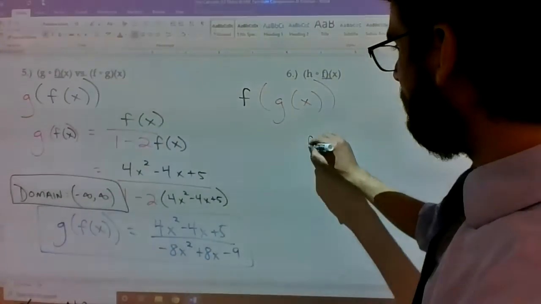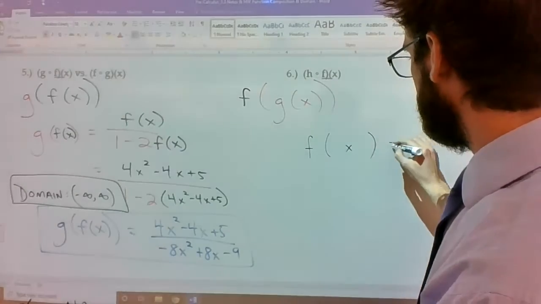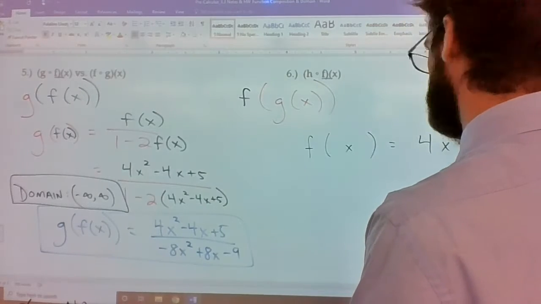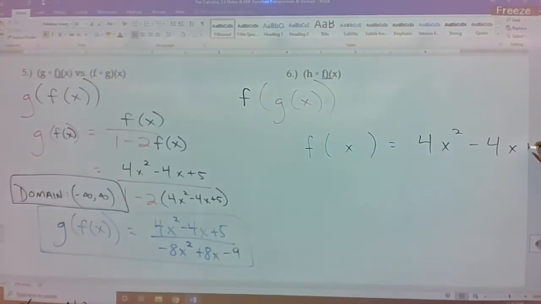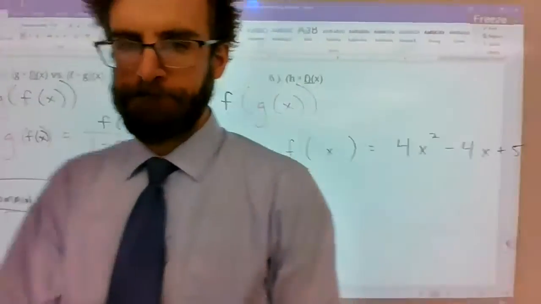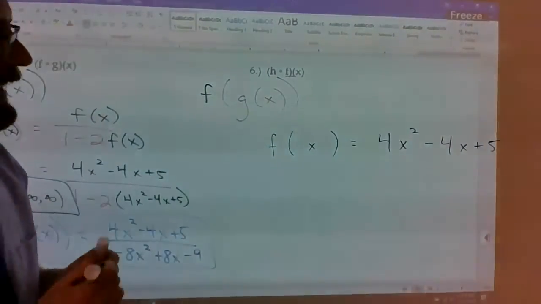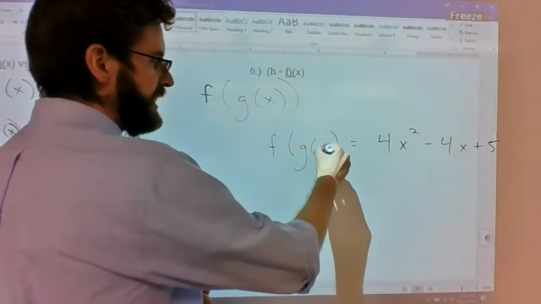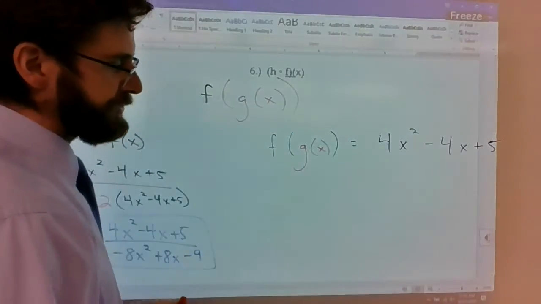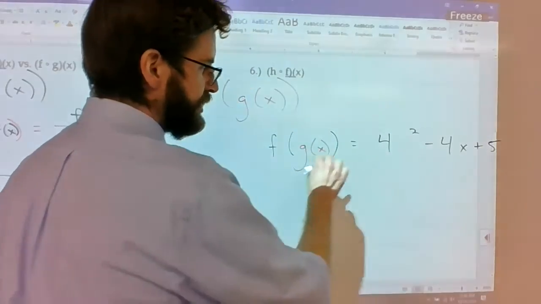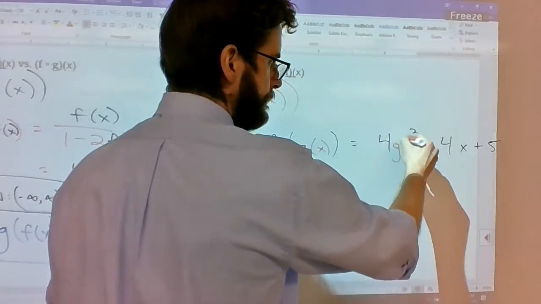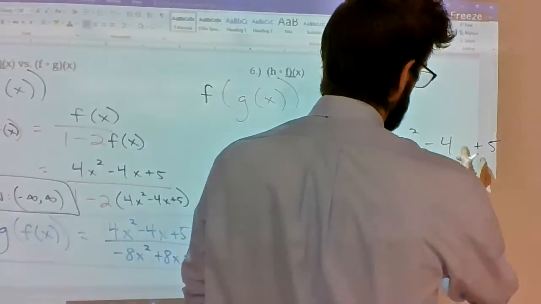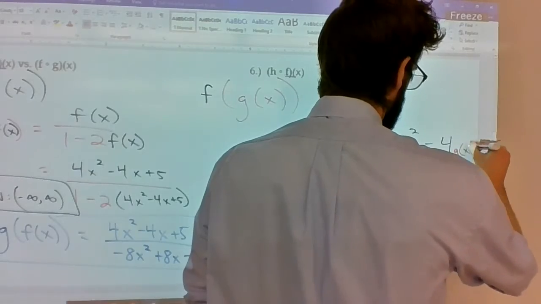I'm looking at f of x, and that function is 4x squared minus 4x plus 5. But in place of the x, I'm putting the entire function g of x. So it's really 4 times the function g of x squared minus 4 times g of x plus 5.